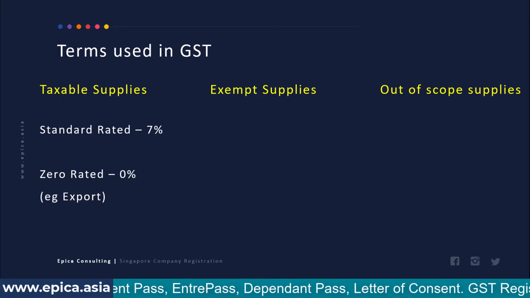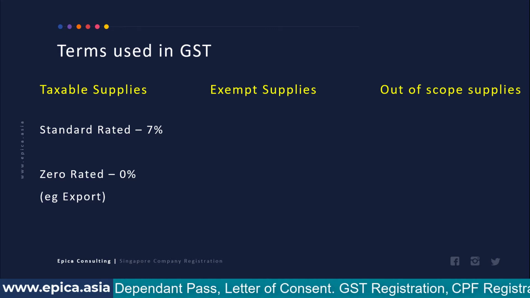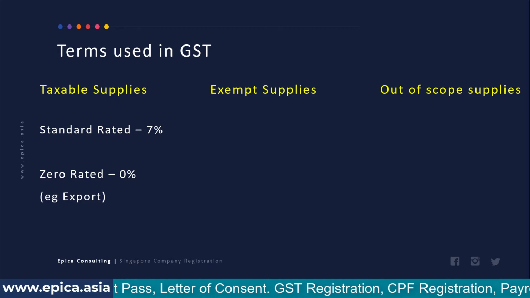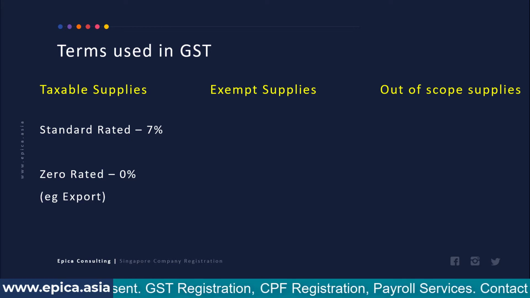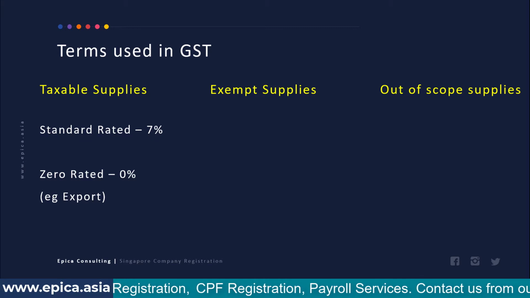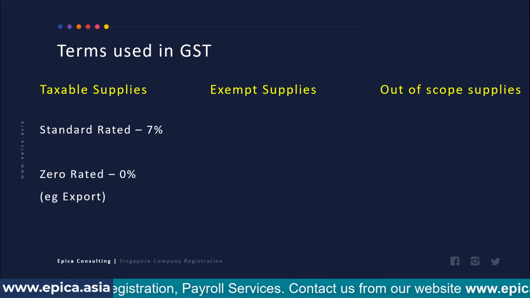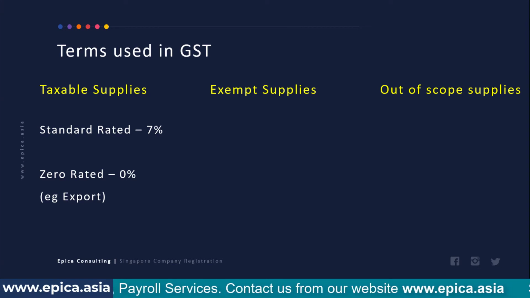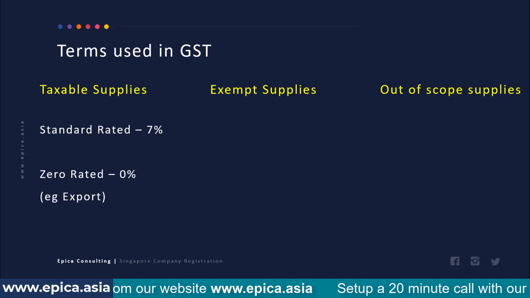Standard rated supplies means goods sold at the normal GST rate. For example, if you are a GST registered business with a supermarket in Singapore selling groceries and personal use material, maybe meat, vegetables, and all that, you will charge 7% GST, and all this supply is called standard rated supply.